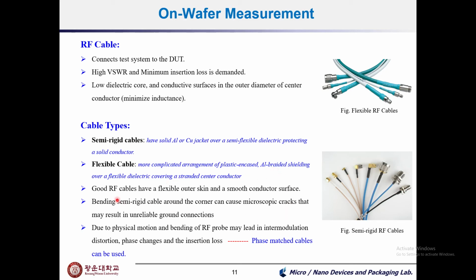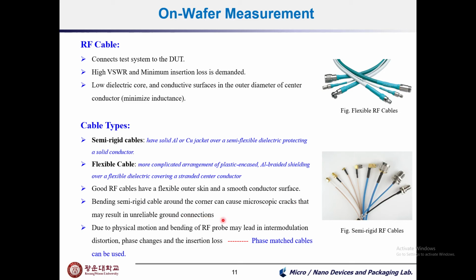One of the important properties of a good RF cable is to have good flexibility, that is a flexible outer skin, and a smooth conducting surface, because in case of bending, especially of semi-rigid cables, bending can cause microscopic cracks, and this may lead to unreliable ground connections.